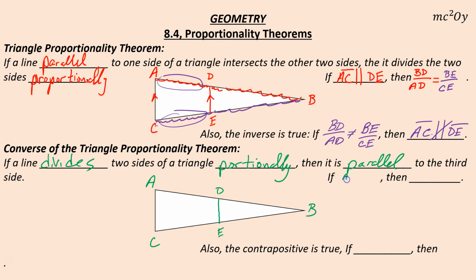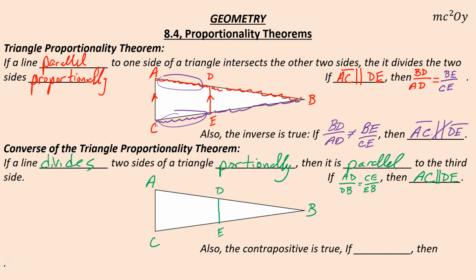In other words, AD would be to DB as CE would be to BE, or EB, I guess, the way I have it written up here. Okay, so AD is to DB as CE is to EB. If that's true, then AC would have to be parallel to DE.